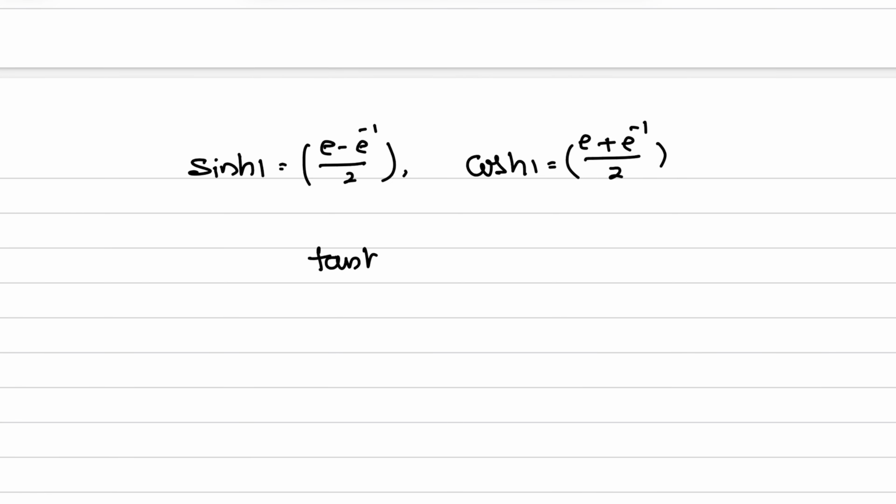That means sinh 1 is equal to, if x is equal to 1, e minus e to the power of minus 1 divided by 2. cosh 1, please remember these values, is e plus e to the power of minus 1 by 2, and tanh 1 is equal to e square minus 1 by e square plus 1.